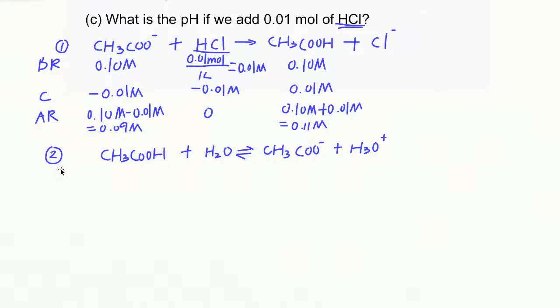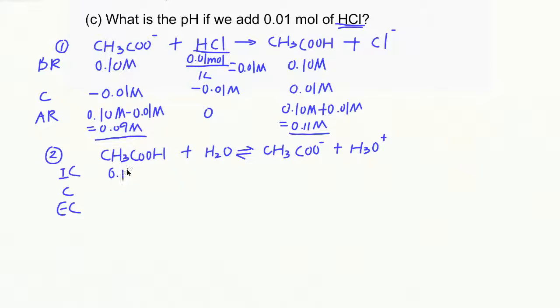Alright, IC chart: initial concentration, change, and equilibrium concentration. Since we've already found the new concentrations of the conjugate acid and the conjugate base, these are the data that we need to use for this IC chart.